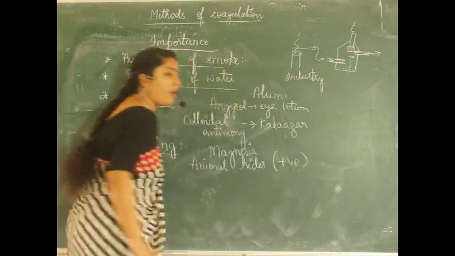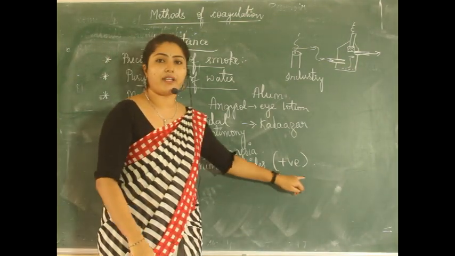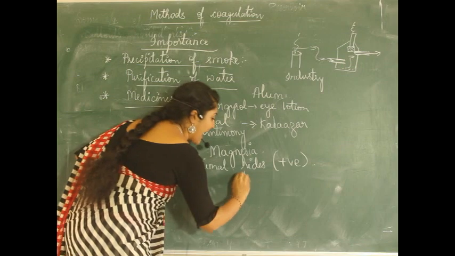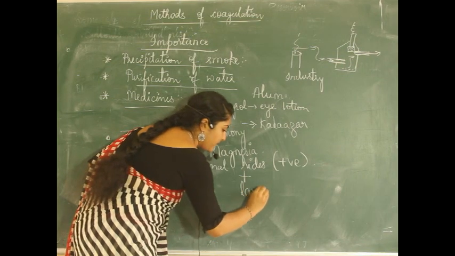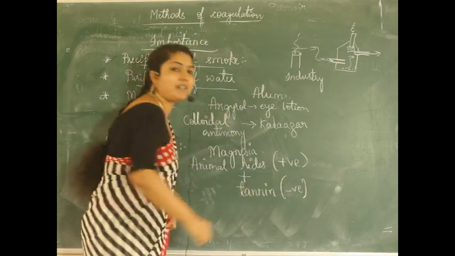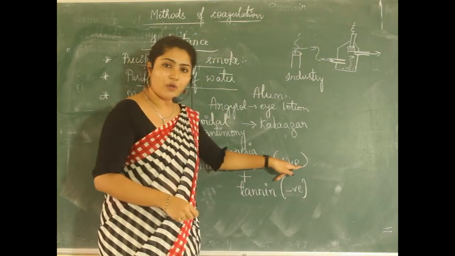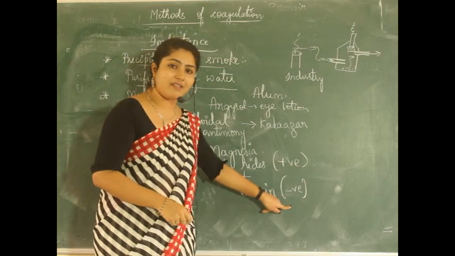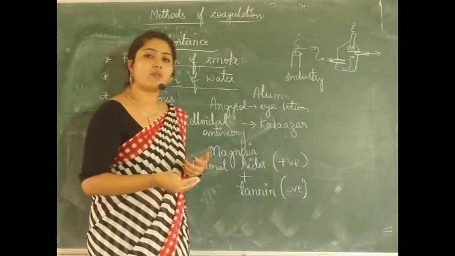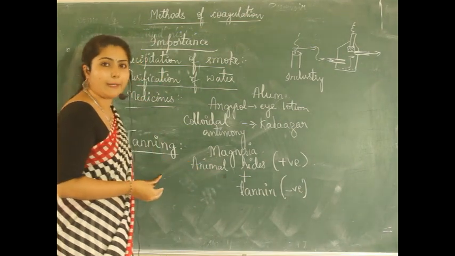They are actually colloidal in nature. Now these animal hides are treated with a solution called tannin. This tannin is negatively charged. Tannin contains negatively charged particles. See, animal hide is positively charged, tannin is negatively charged. It undergoes mutual coagulation. And this process is called tanning.